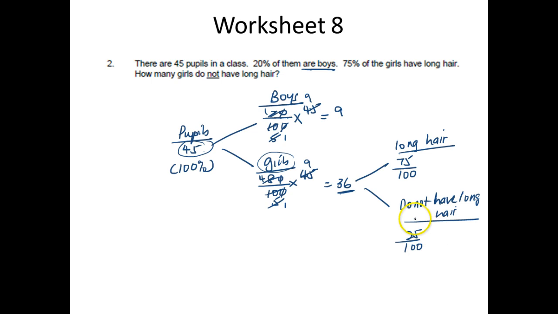So it's 25 out of 100 times my 36 pupils. So this is 3/4, 27 pupils here, and 9 pupils. So how many girls do not have long hair? The answer is 9 girls do not have long hair.